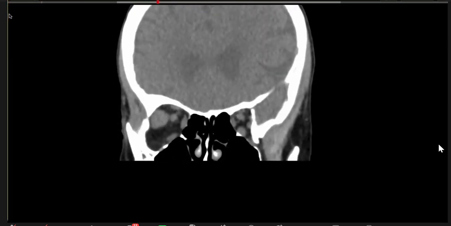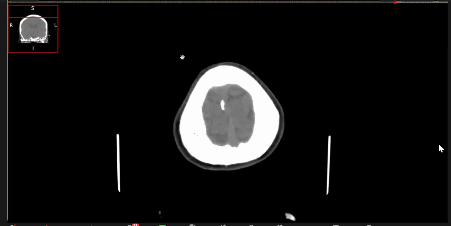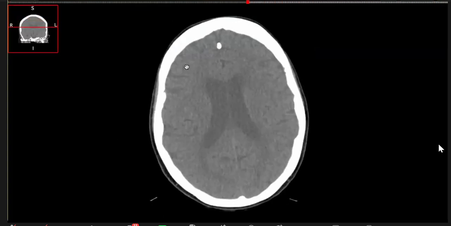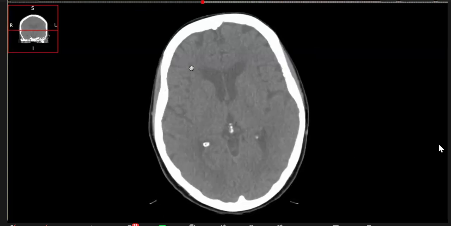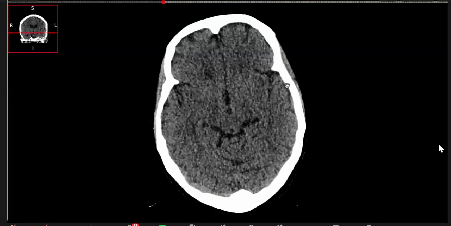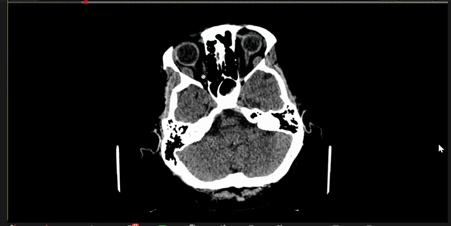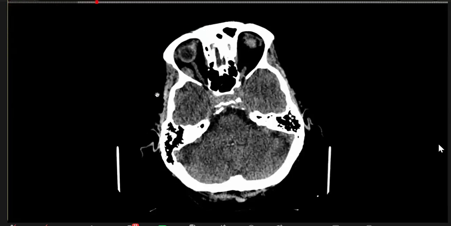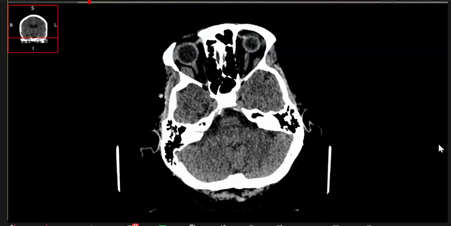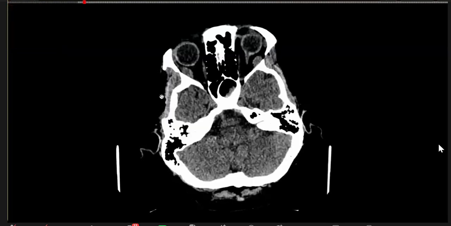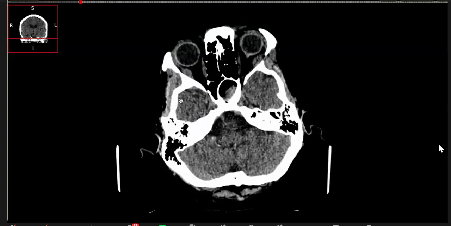In this case, you picked up very well on this axial, where we can see this. And of course, when we saw the coronal, these were in the rectus. So these were bilateral findings, and only a portion of the belly was involved.